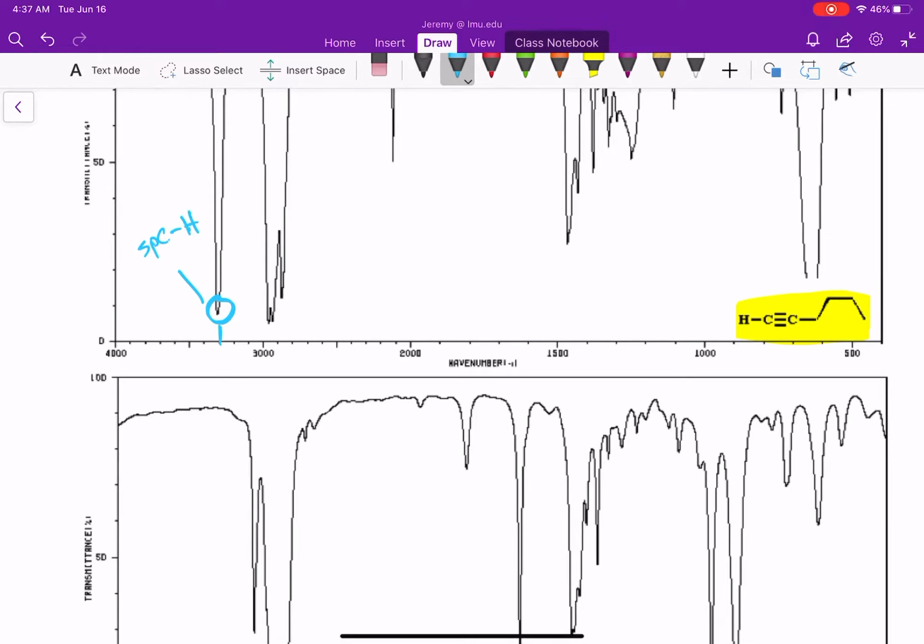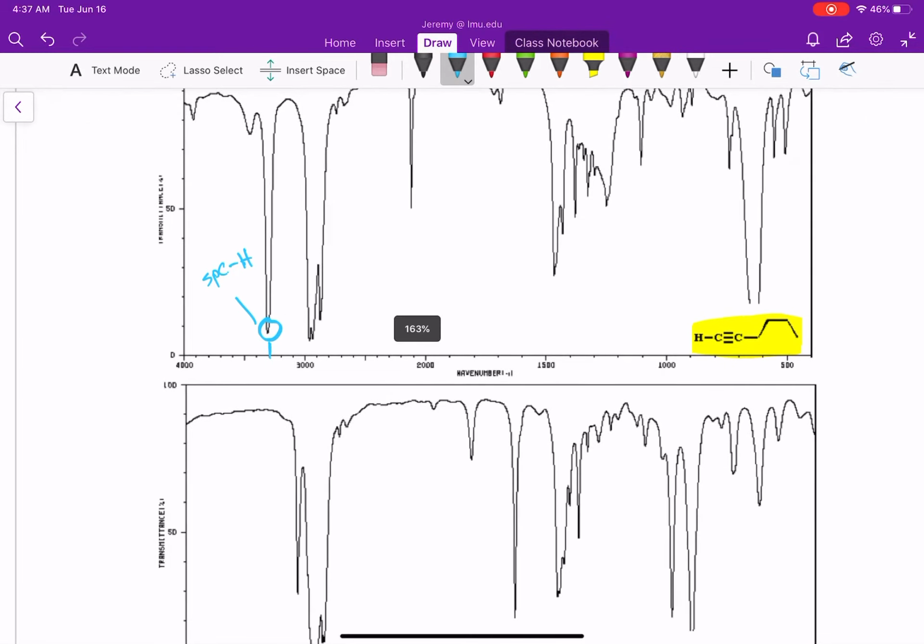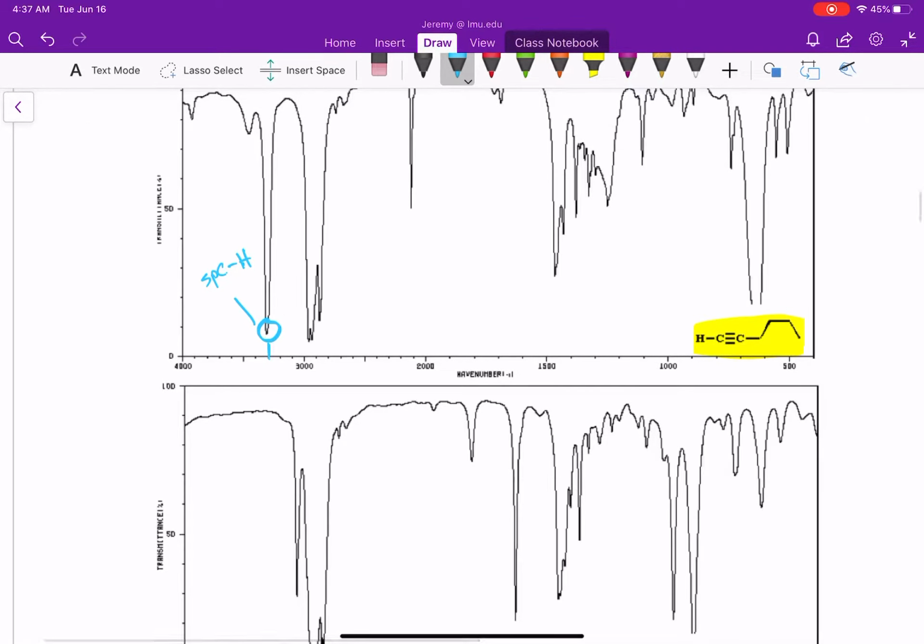Remember, this is always a bond, all right? That's zone 1. I move into zone 2. I like to draw in my 3000 line. There's nothing to the left of this, but I do have a couple of peaks here, okay? And those are going to correspond to sp3 C to H's.